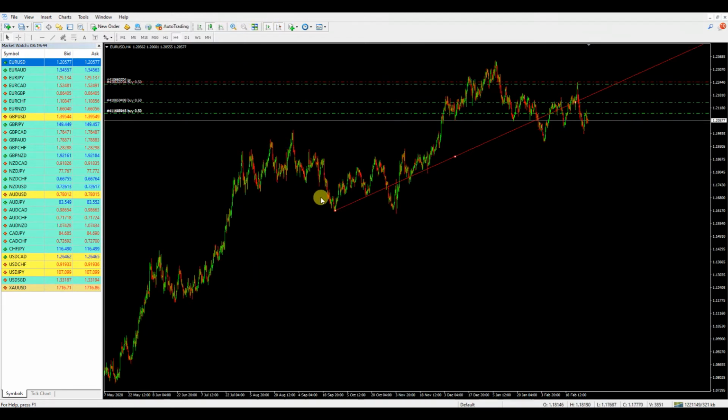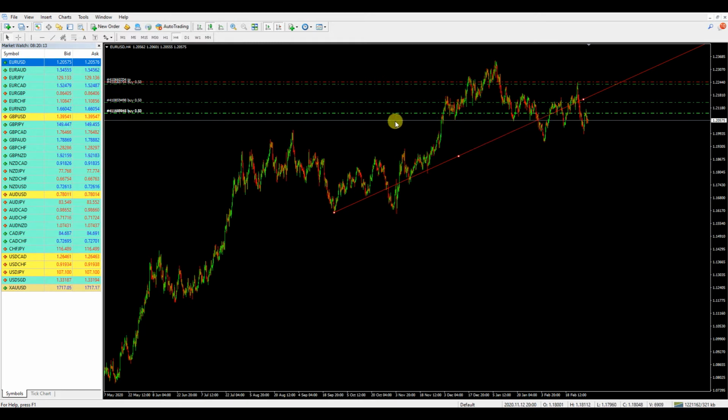One touch point is here, a couple of touch points here, a couple of touch points over here. See this, and then we get a small touch point over here, and then we see that the market is respecting this trend line, and the same happened over this place over here. See this area. And then the market moved up.